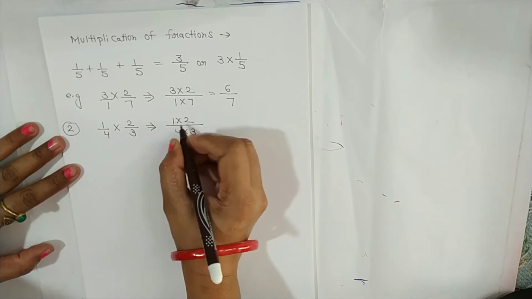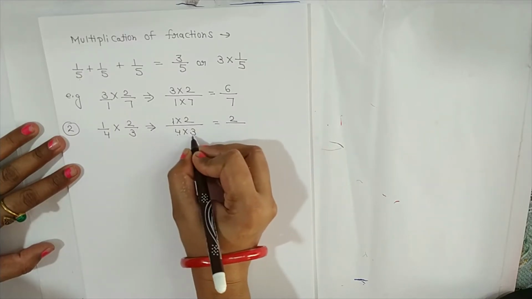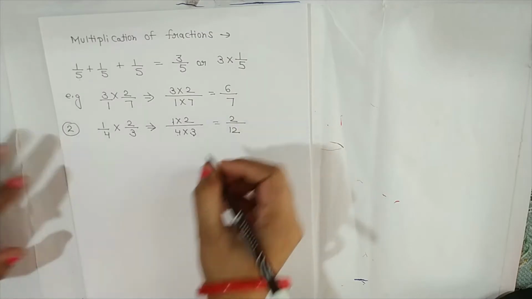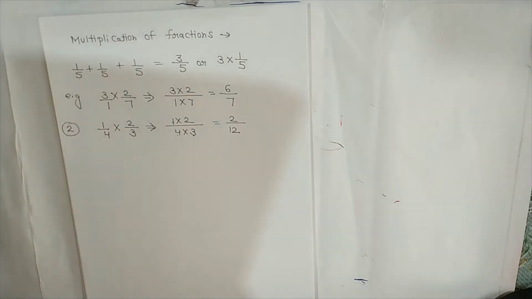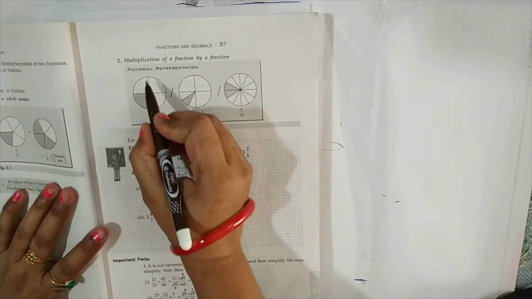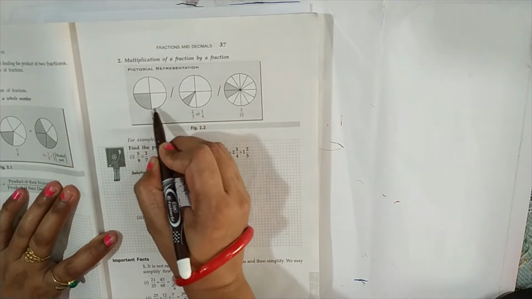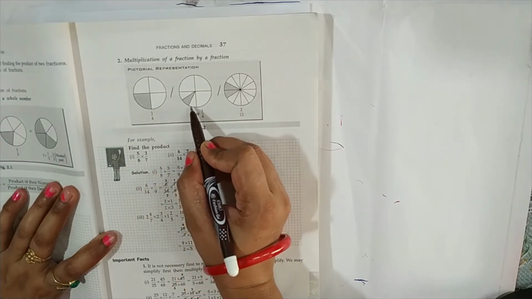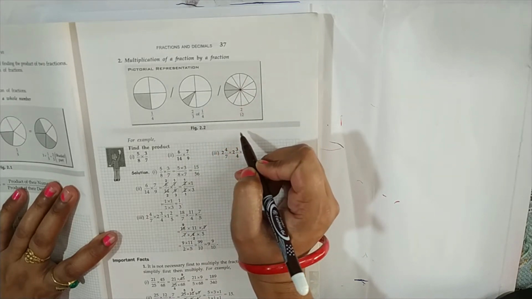Numerator into numerator, 2, then 4 into 3, 12. Okay, so how to represent it in pictorial form? This is the pictorial representation: this is 1 by 4 and this is 2 by 3 of 1 by 4. So it becomes 2 upon 12.